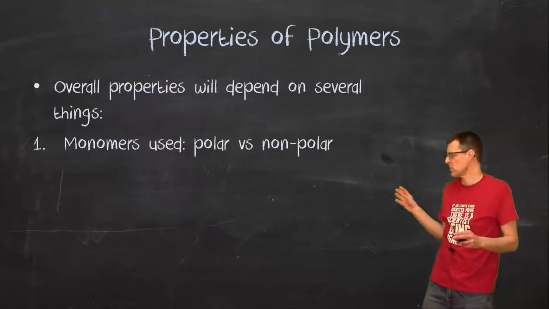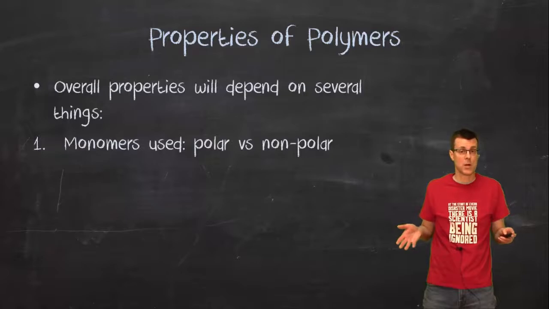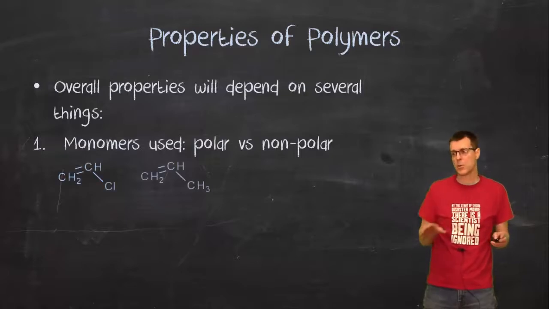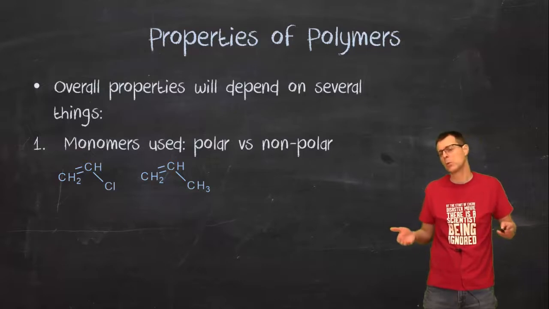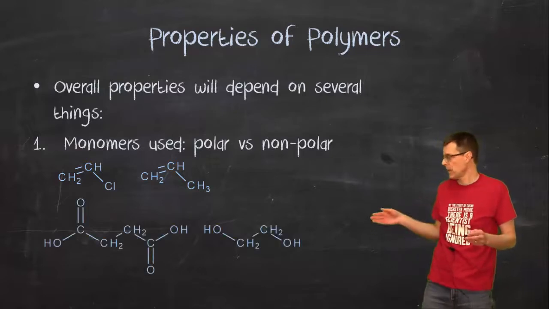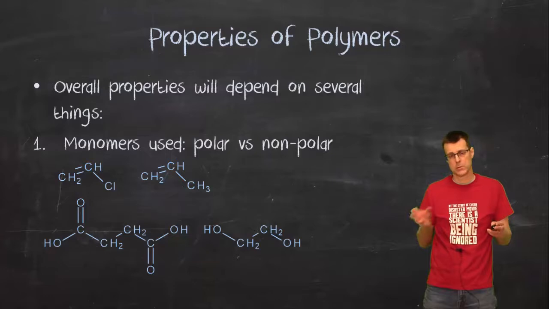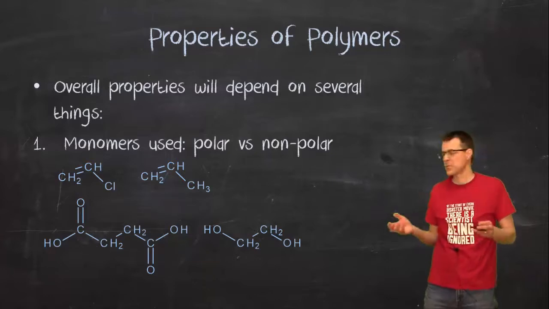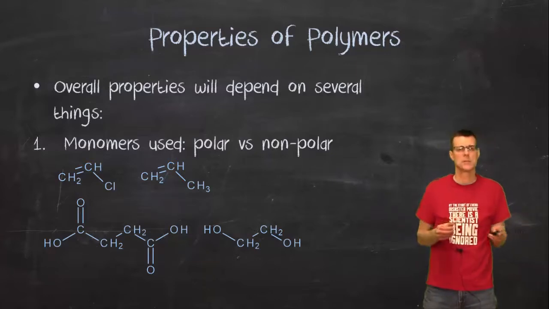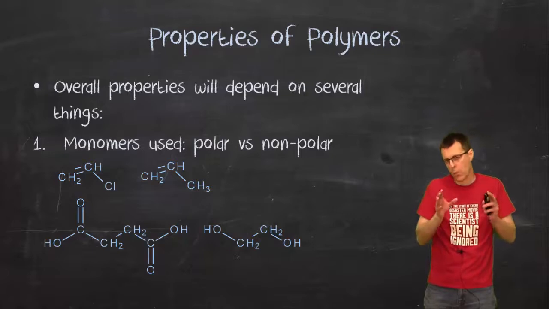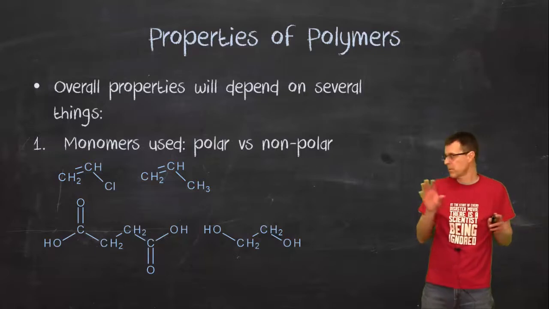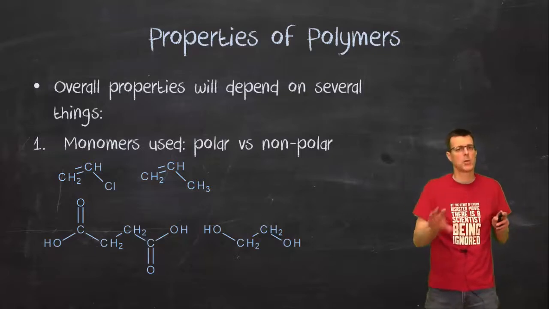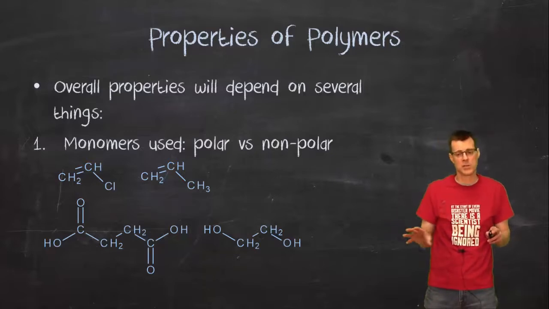Well, one thing is you can change the monomer that you start with. So if I have a nonpolar molecule like these, it's going to form a fairly nonpolar polymer. If I have a more polar monomer, then I'm going to form more polar type polymers. I want you to be very clear though, a lot of times a polar molecule might have some water solubility.